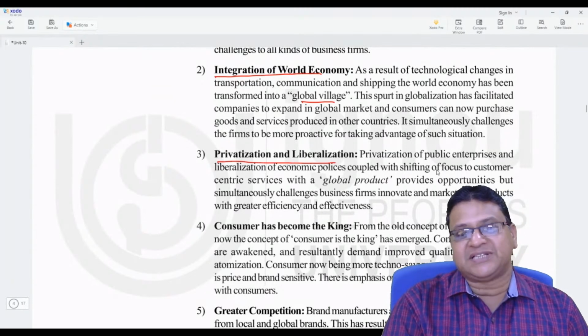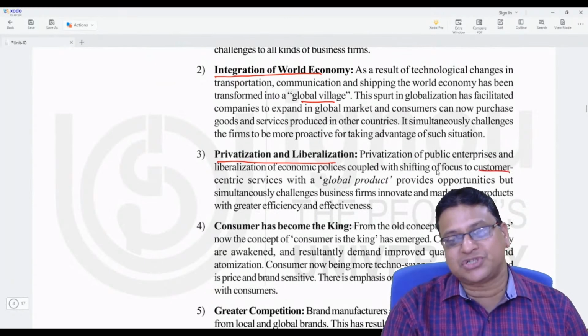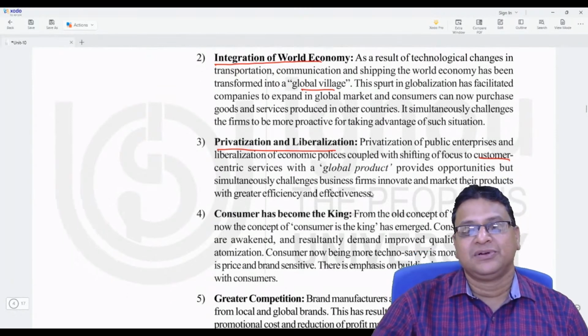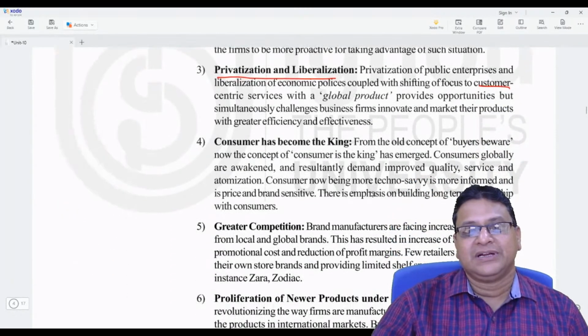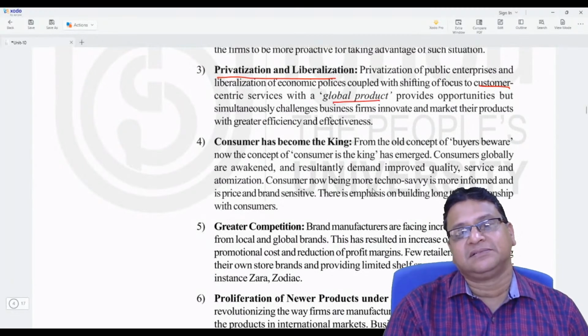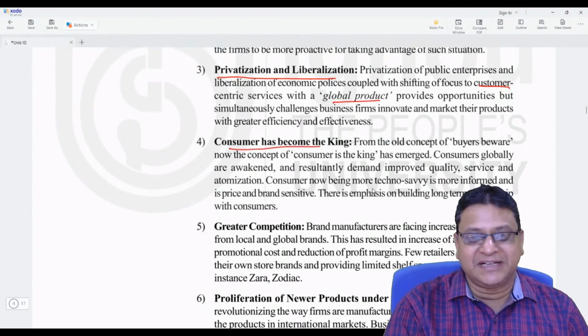Privatization and liberalization. All these things bring customers to the forefront. Nowadays, customer demands global products of global standard. Consumer has become king.